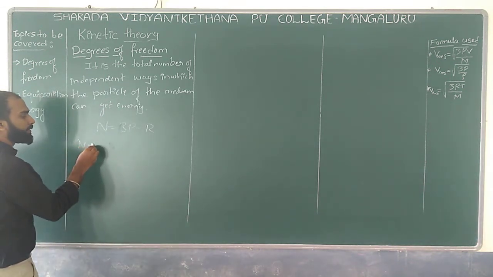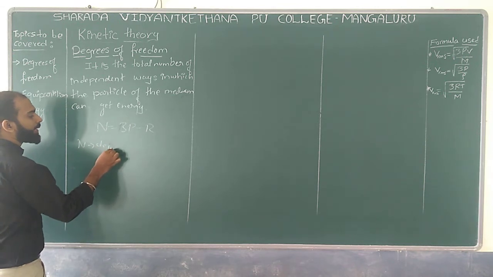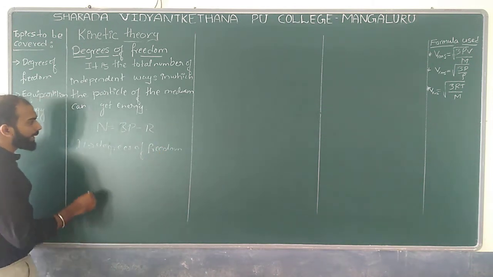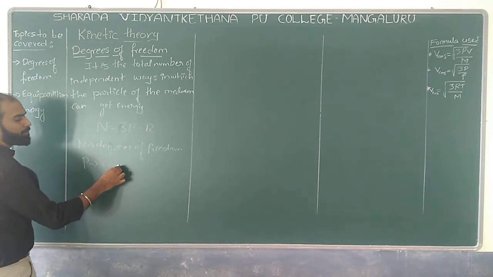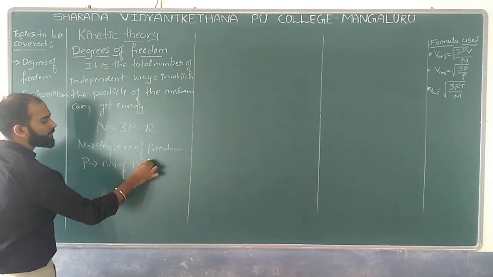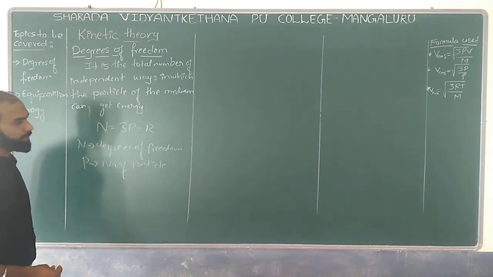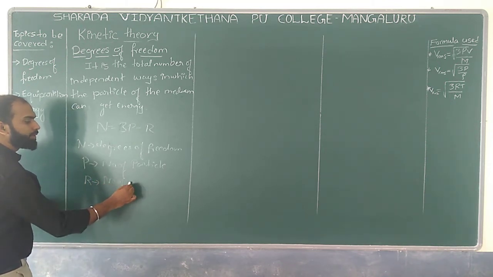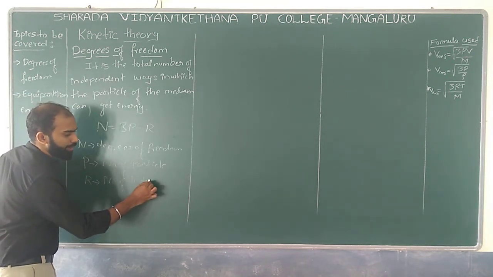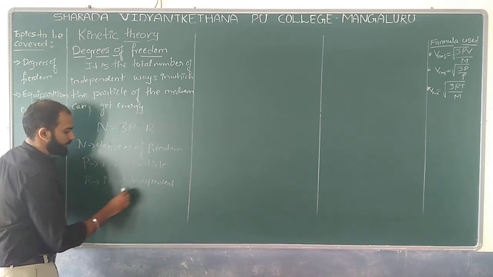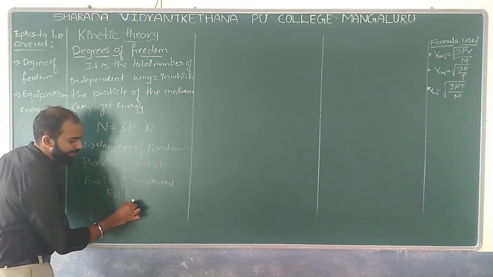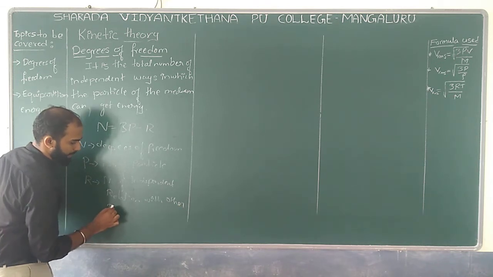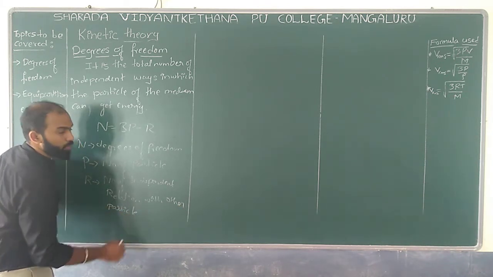Here n indicates the degrees of freedom of the particle, p indicates the number of particles, and r indicates the number of independent relations with other particles.